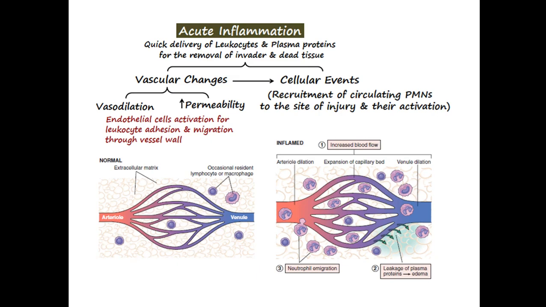And the vascular changes are: number one, vasodilation, an increase in the caliber of the blood vessels to carry more blood, and the second is to make the blood vessels porous, permeable, so that inflammatory cells and proteins can leave the blood and go into the site of the damage.